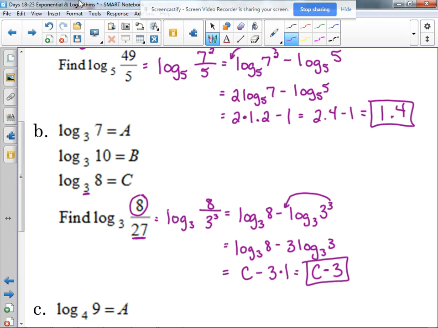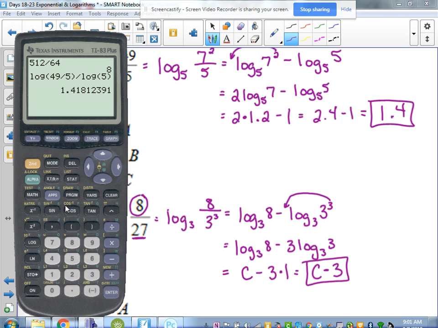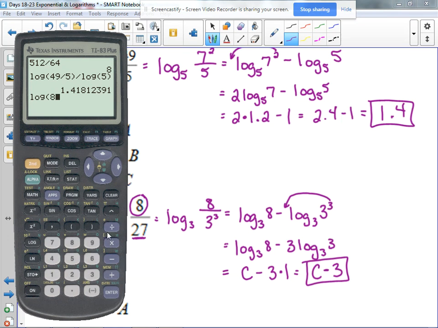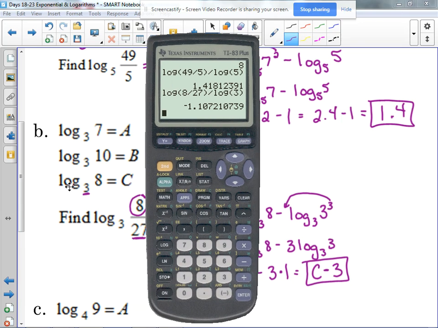Make sure I didn't do anything stupid this time. I think we're good. Now, if you're going to check this one, it takes a little bit more work. You've got to plug in your log, divide by the log of the base. So that is the actual numerical value. Our answer said it was C minus 3, so we have to figure out what C is.